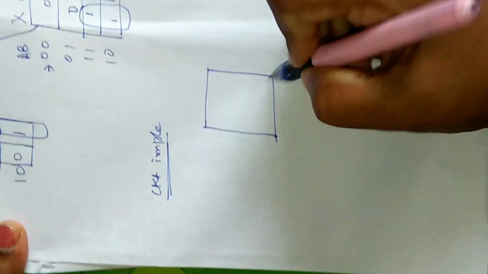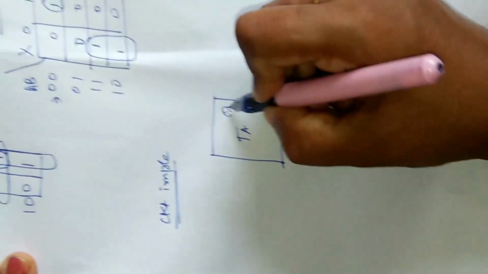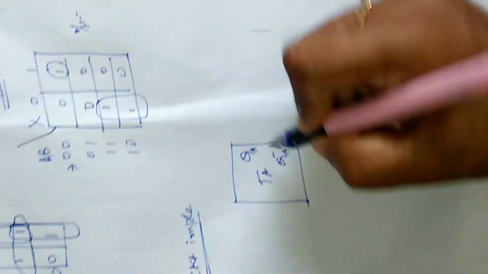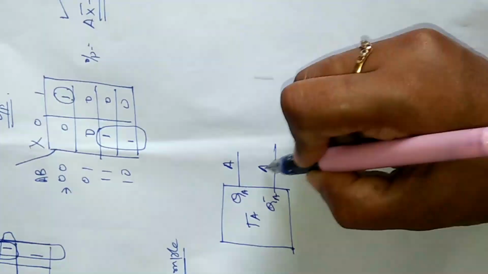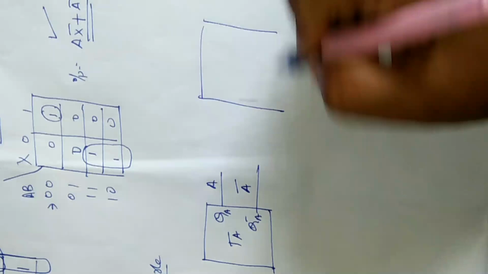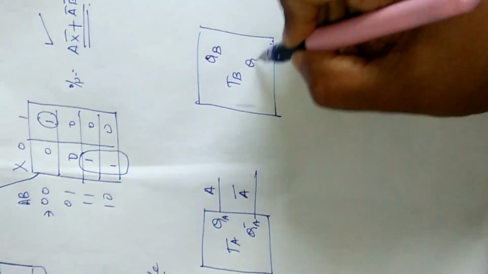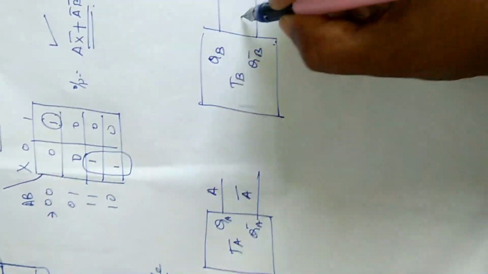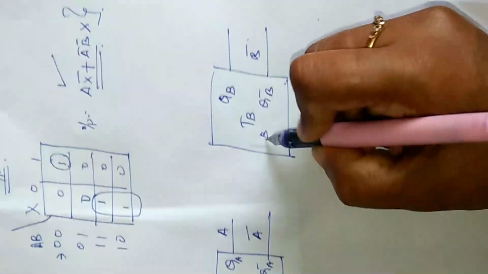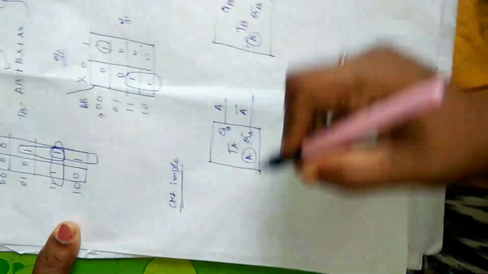My final logic diagram will be something like this. Okay, so I have the TA flip-flop. Let me draw the TA flip-flop, A bar. Okay, and I have TB with QB and QB bar. Say this is my B flip-flop, this is my A flip-flop, and what does my TA say?